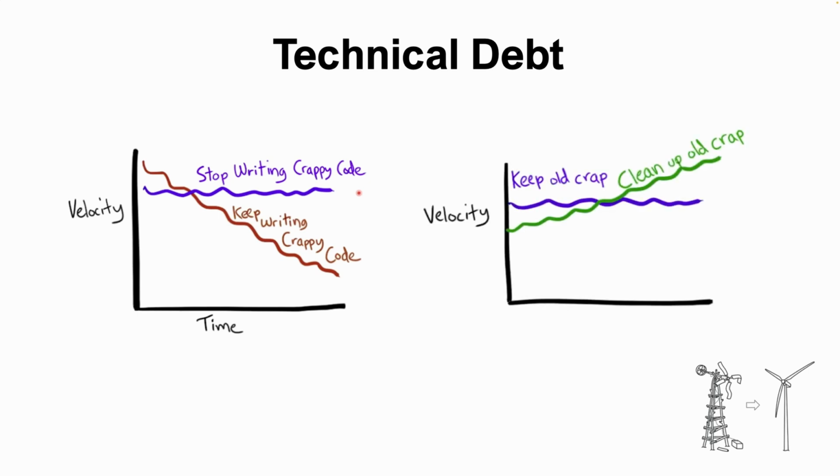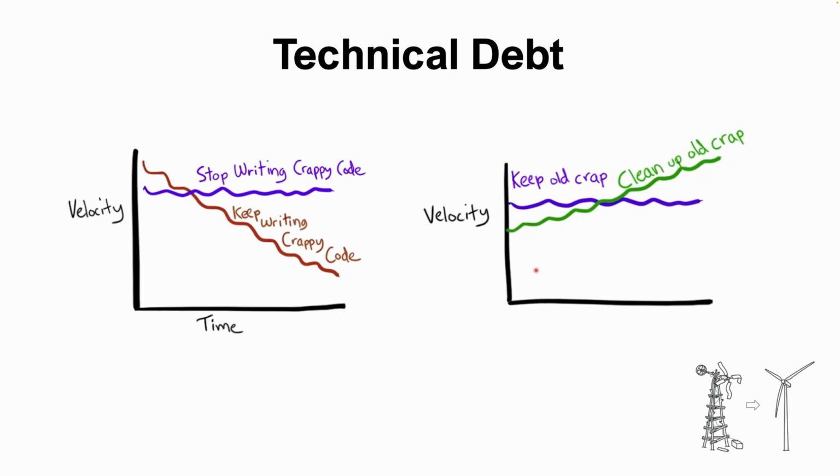Alright, so if we look at the other one here, and let's say we have some crap in our code base, we keep the old crap, that is up here on the blue line, and we will keep the same velocity.